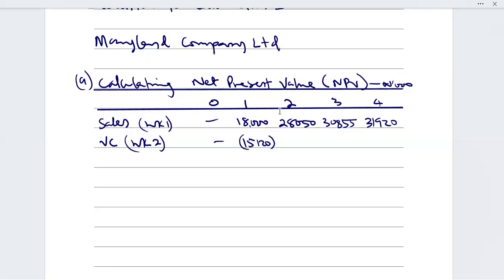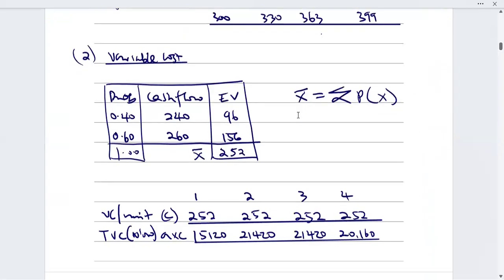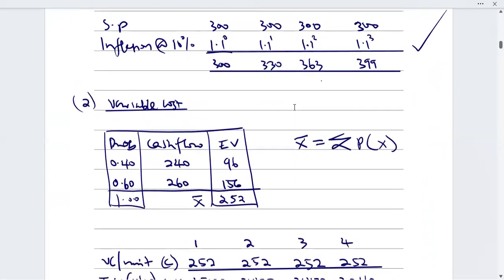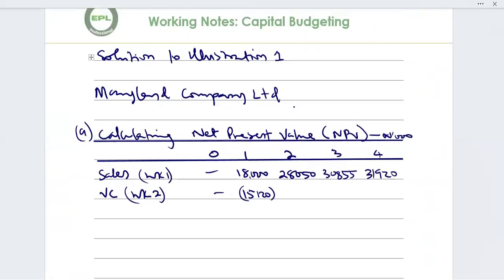Year 2 is 21,420. Year 3 is 21,420. Then year 4 is 21,060.